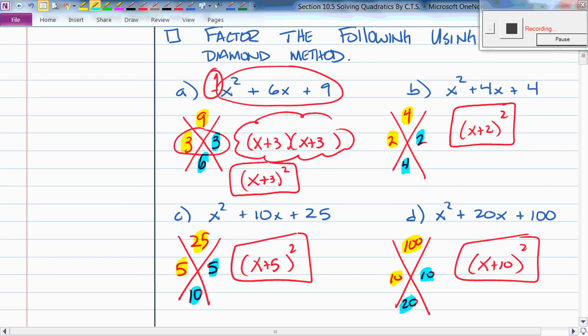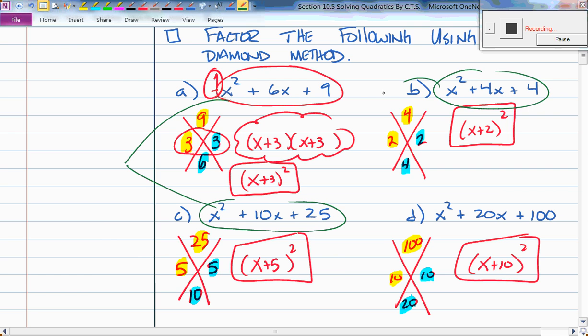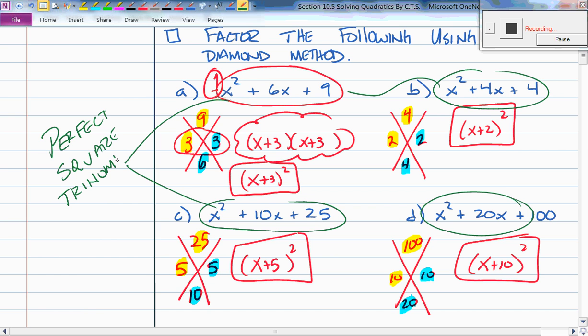Okay, well, you guys, these have a very special name. All four of these are what are called perfect square trinomials. Okay? And we love these things.